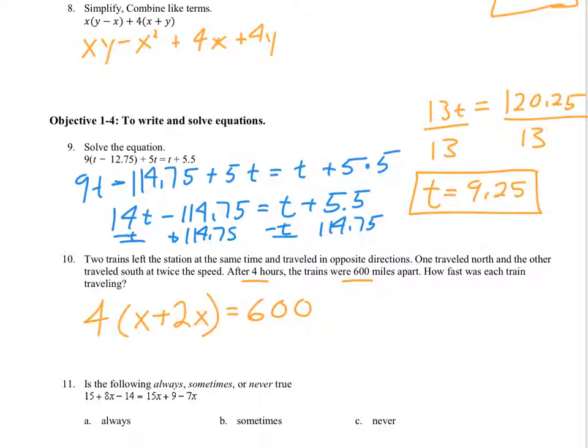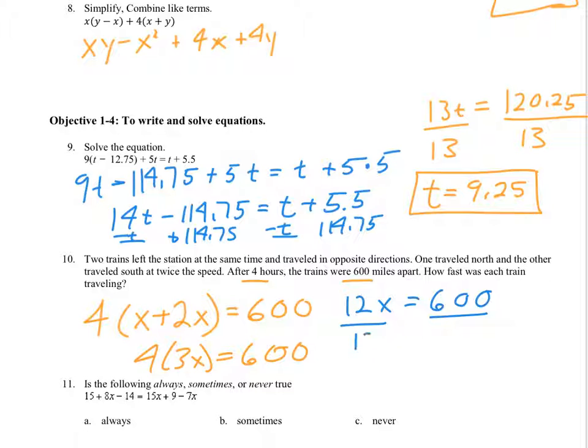So we can combine the x's, and we can simplify the left side there by multiplying the 4 by 3x. That gives us 12x equals 600. And we can divide both sides of that equation by 12. From there we find out that x is 50.